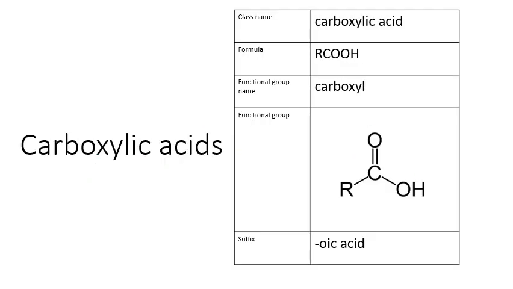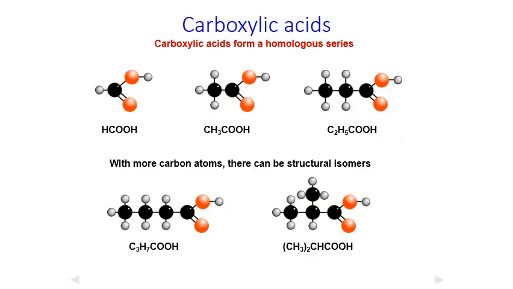So the next, since we are discussing carboxylic acids now, the next functional group is the carboxylic acids, RCOOH. They have a carboxyl functional group just like the other one, but you've also got an OH group attached to that carboxyl group. So the suffix for those is -oic acid. And carboxylic acids also form a homologous series.